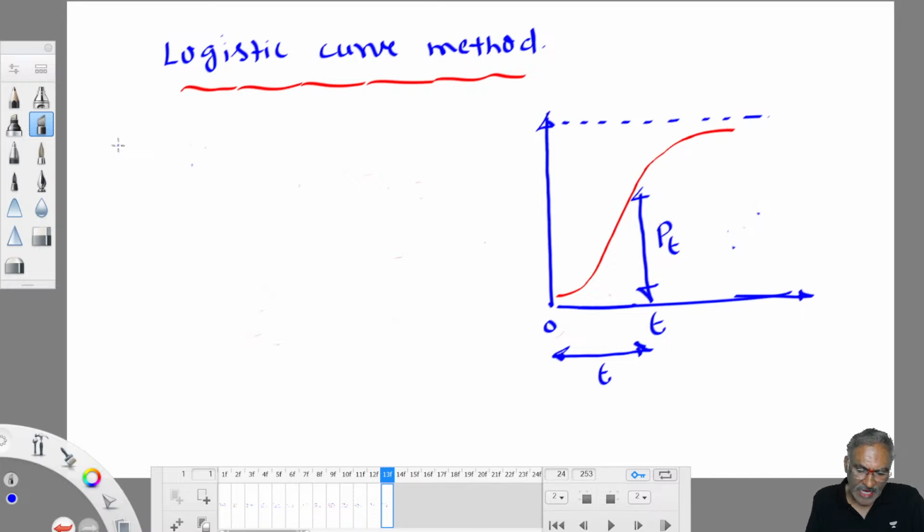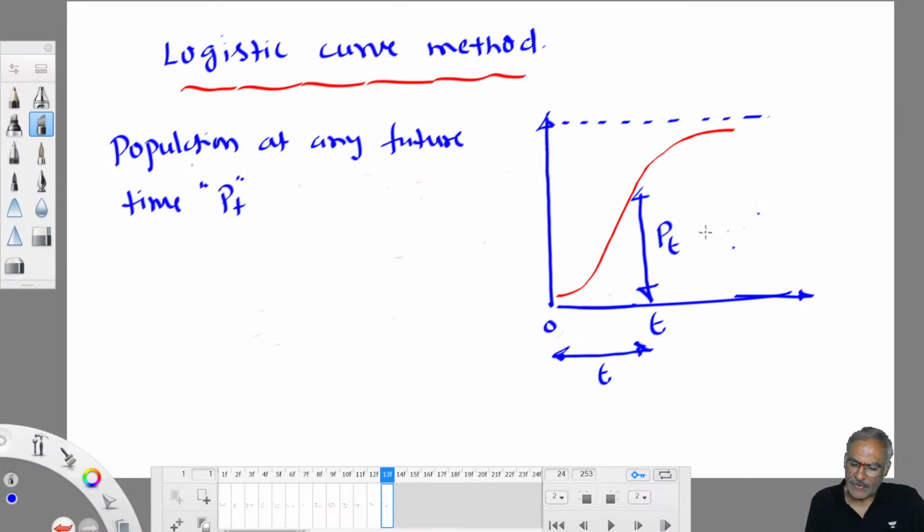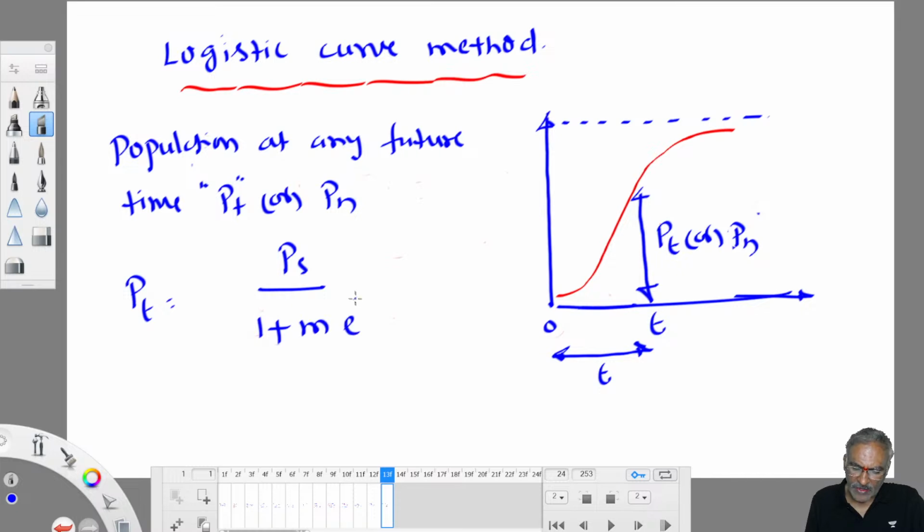So population at any future time, PT or PN, whatever it may be, is equal to PS by 1 plus m into e power nt.